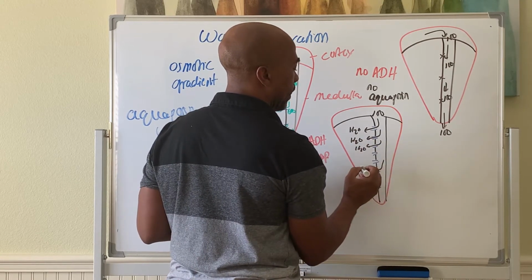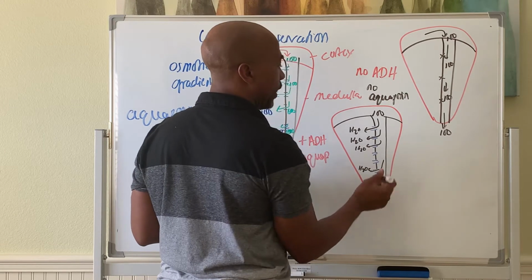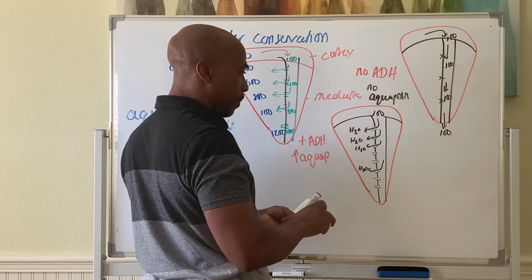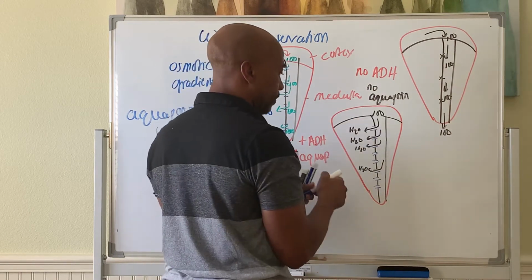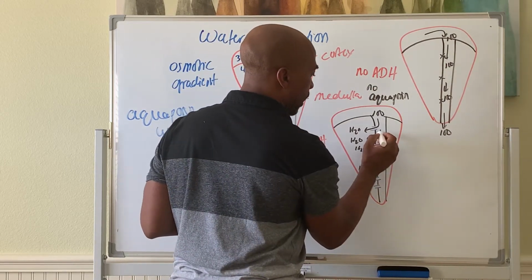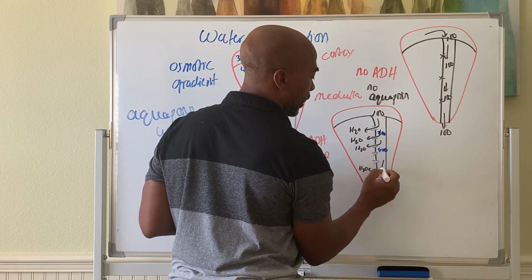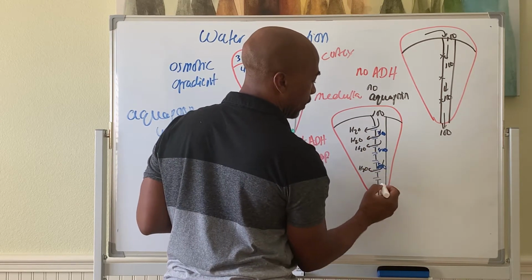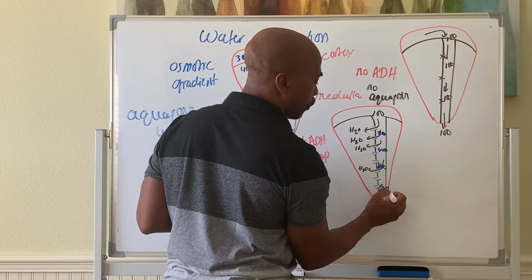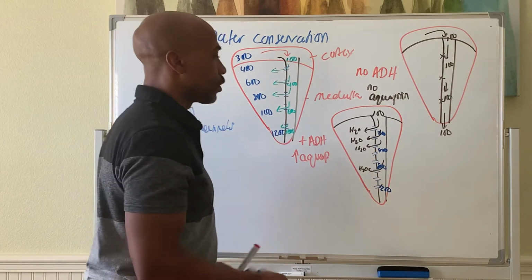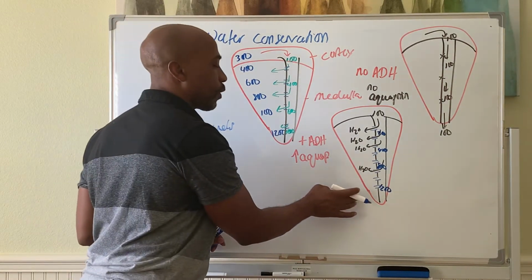Eventually so much of the water can be reabsorbed that the filtrate keeps getting more concentrated: 200, 400, 800, even as high as 1,200 milliosmoles, because the water is being pulled back. This is what happens on a very thirsty day.